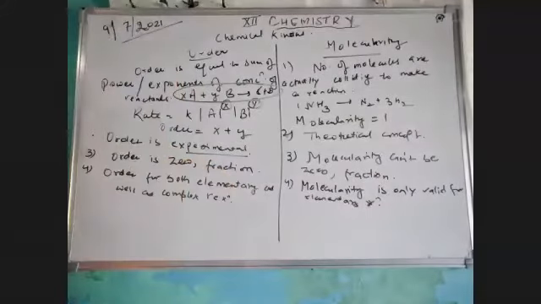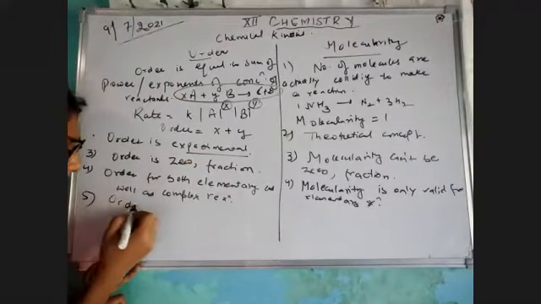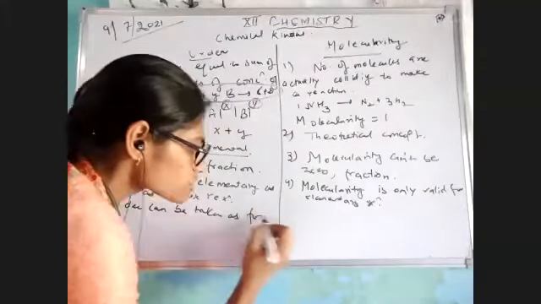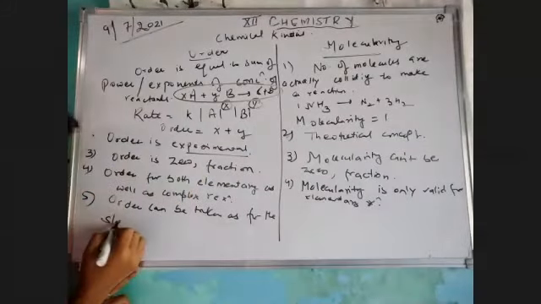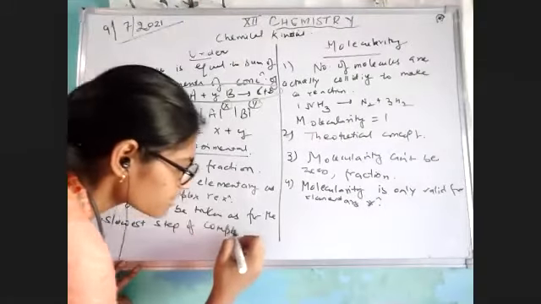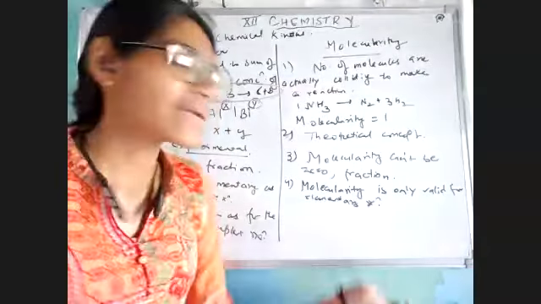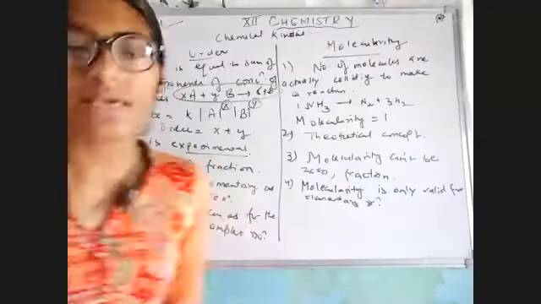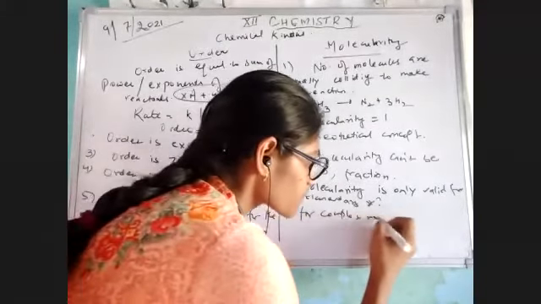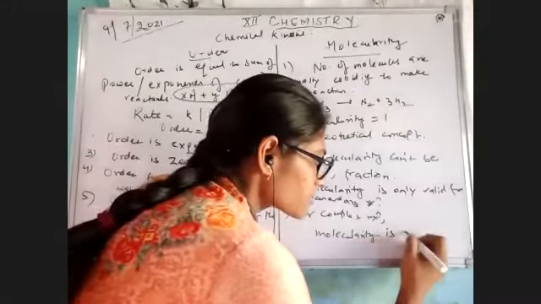Clear? And lastly, if I'm talking about the complex reaction, order can be taken for the slowest step, and it is the same as the order.